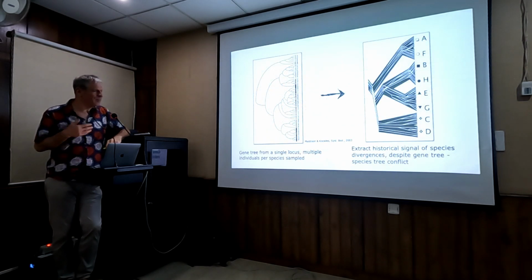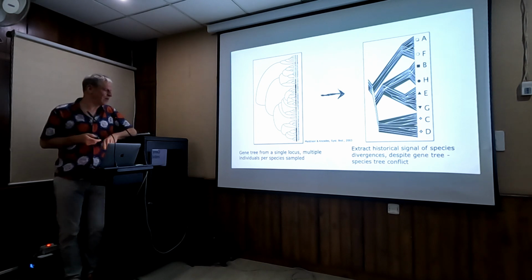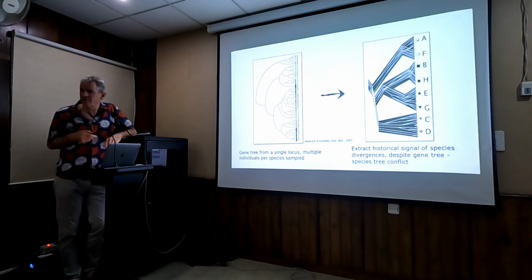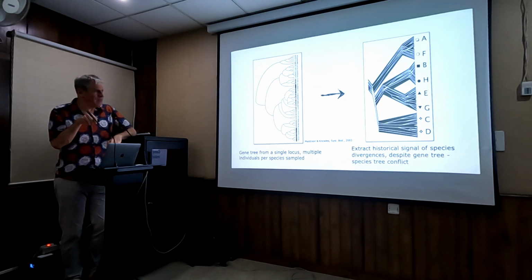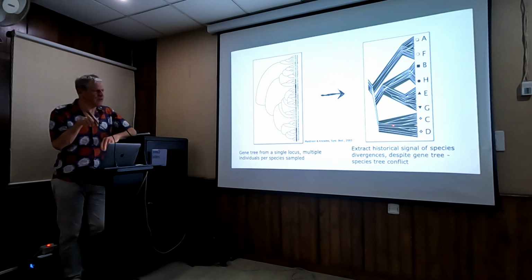And therefore, new methods have been developed, which are called coalescent methods. Coalescent phylogenetic methods have been developed, and this is a cartoon of one of the papers by Madison and Knowles, one of the early papers about coalescent methods, showing a species tree.